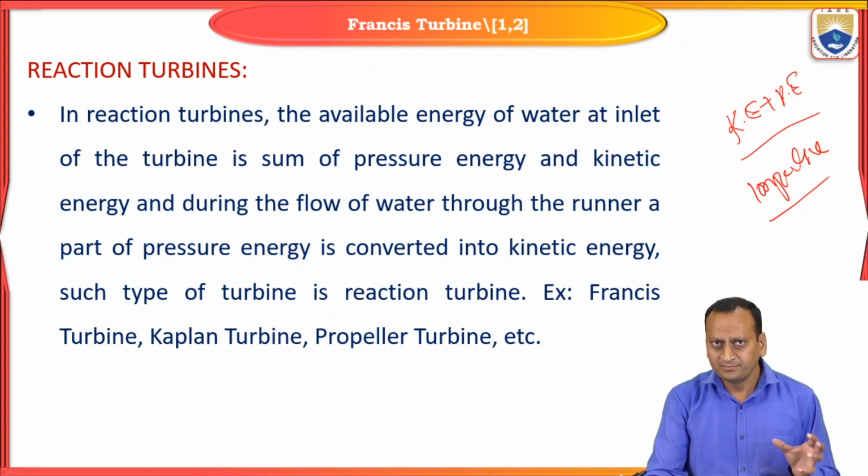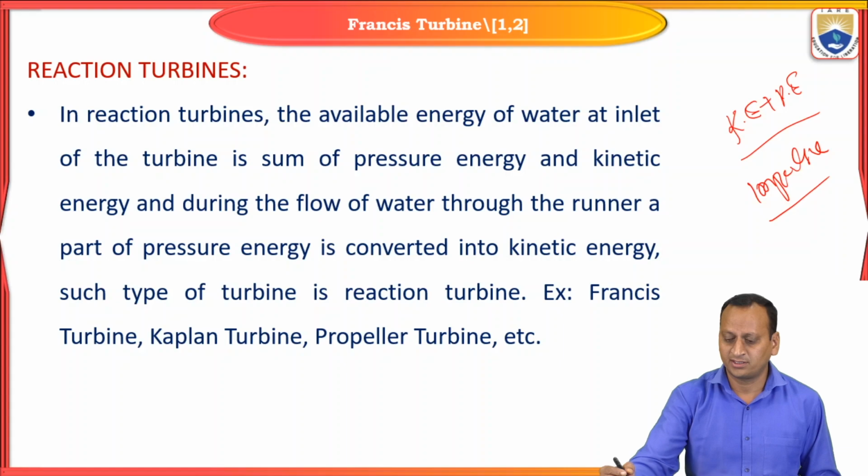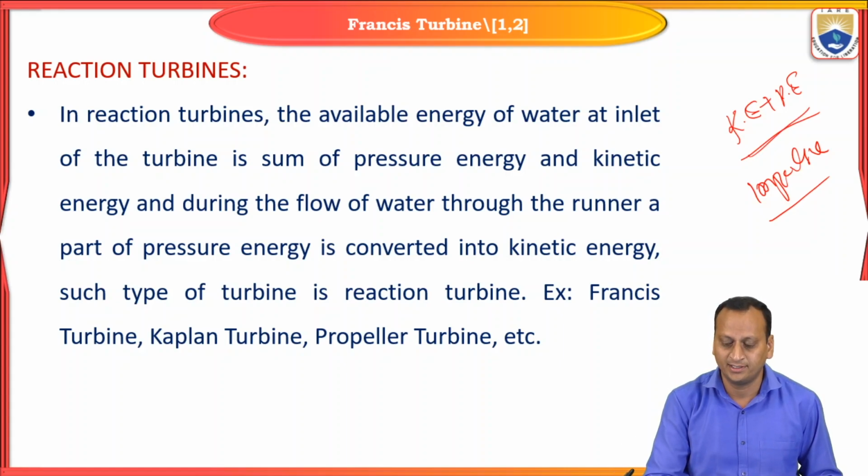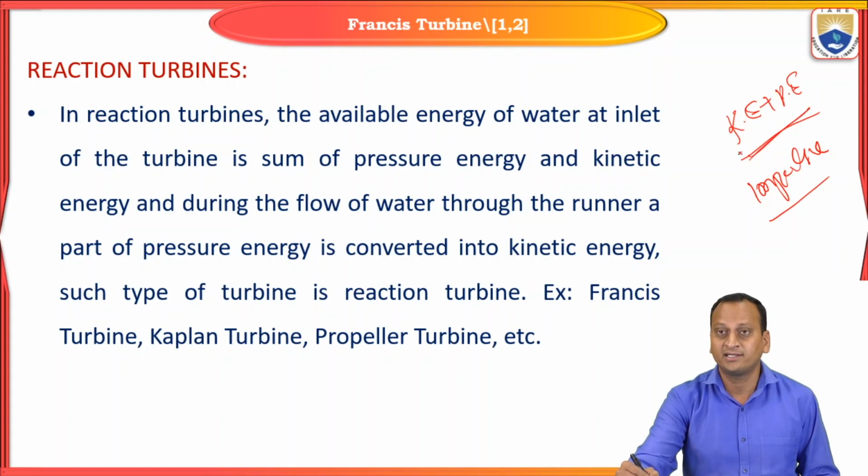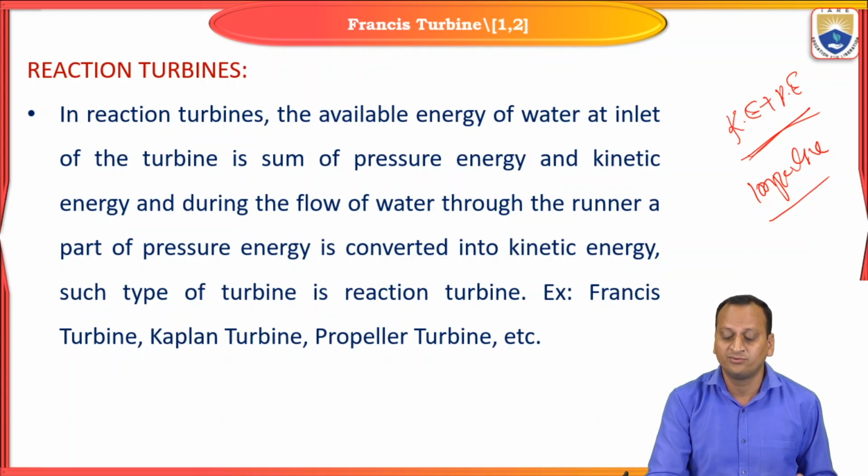Coming to the force by which the work is generated, there are two forces here. One is force due to kinetic energy, and another is force due to pressure energy. In an impulse turbine, the force is generated only due to kinetic energy.